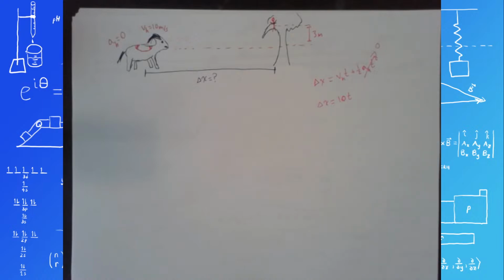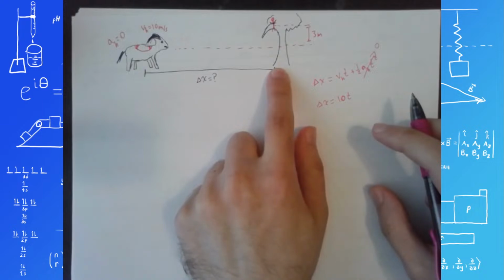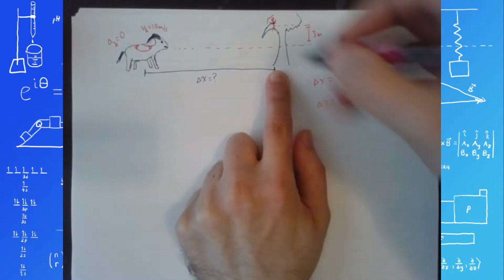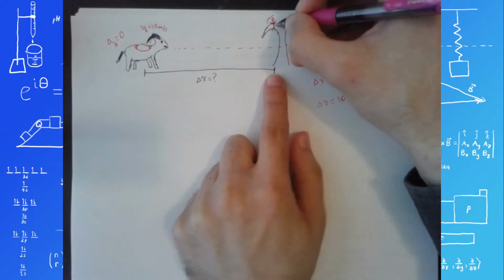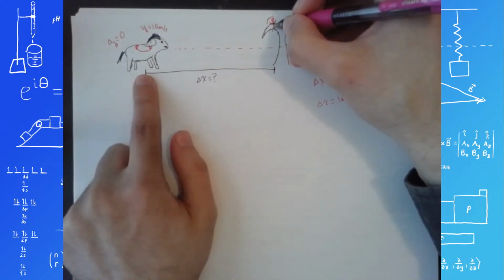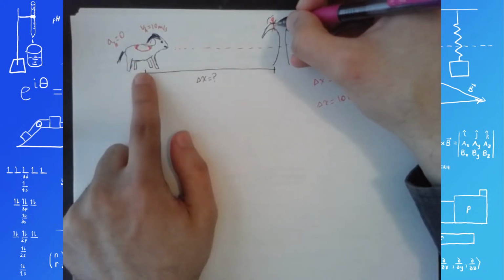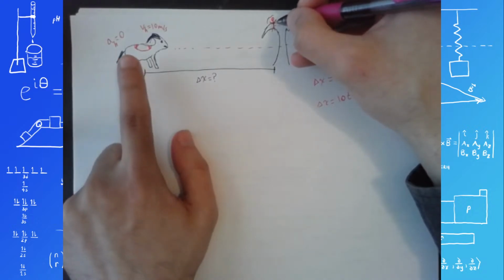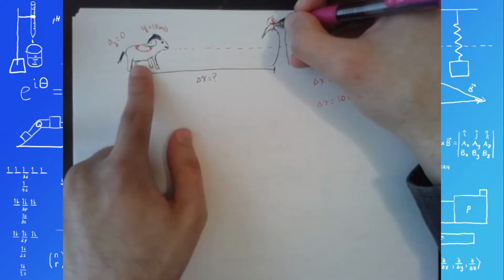Now, this t is not only the amount of time that it takes the horse to travel from here to here, but it also has to be exactly the amount of time with which this man drops. So this man has to time his drop exactly at this moment, so that you press start on your stopwatch, the man begins dropping and the horse begins from here.